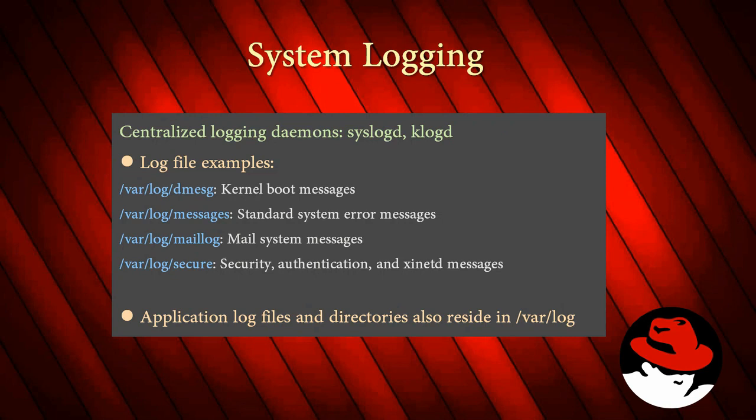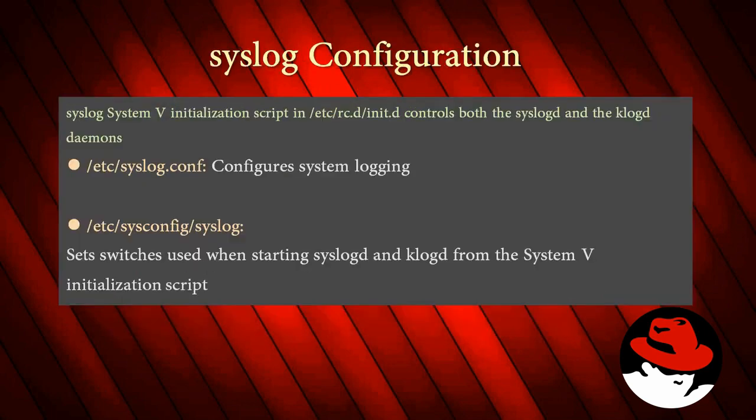The application log files and directories are located in var/log, where we can check application log files. The syslog or system log configuration for the System V initialization script is located in etc/rc.d/init.d, which controls both the system log and kernel log daemons.